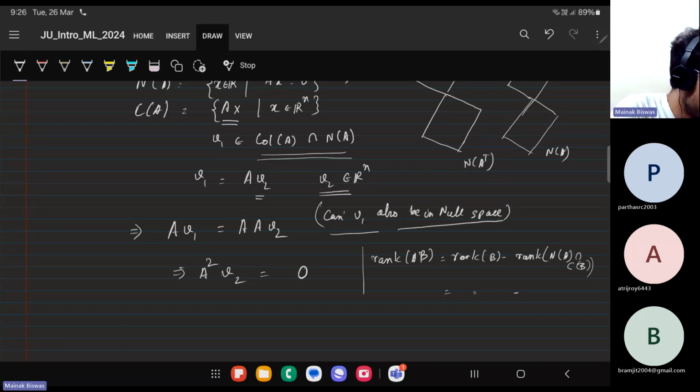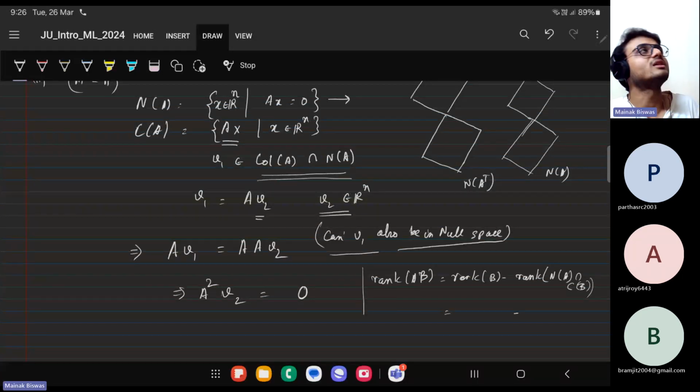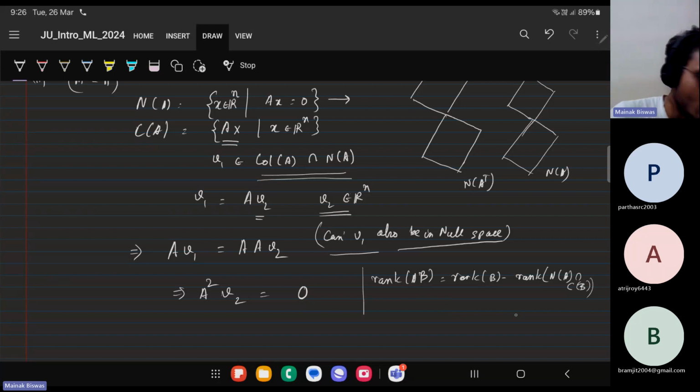Rank of A. So we cannot, it cannot be invertible. How did you say it's invertible? It need not be invertible, right? A need not be invertible if it is n cross n. It can still be a non-invertible matrix. 1 1 2 2 is not invertible, right?